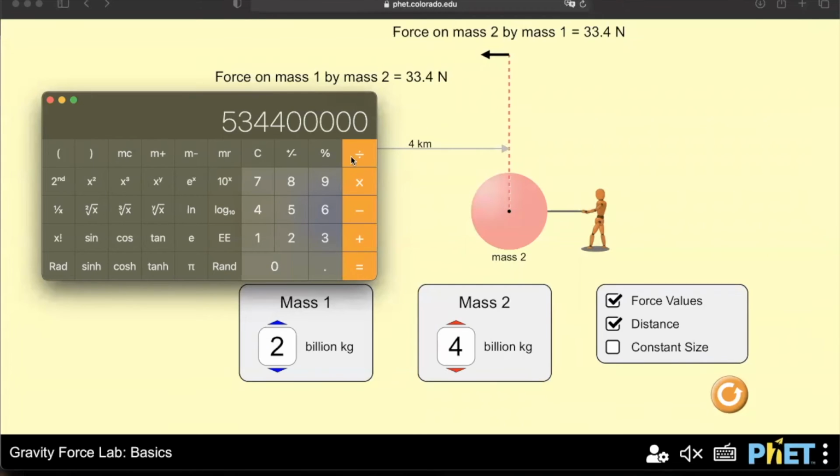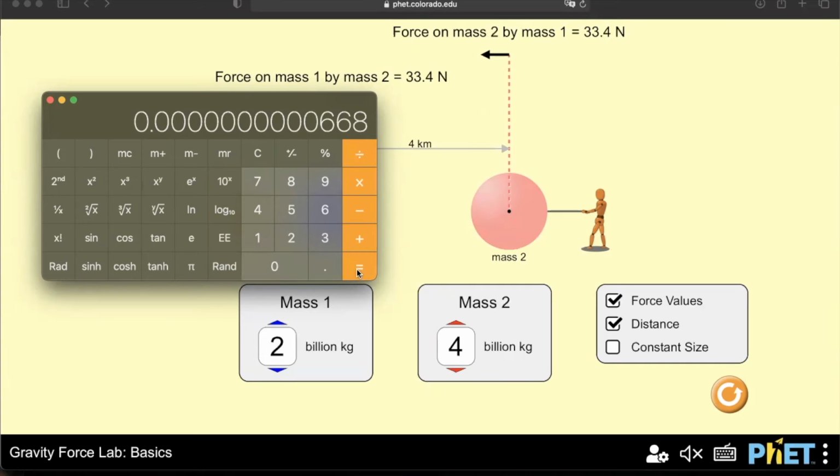So now we divide by mass 1, and we're just going to ignore the billion for now. So divide by 2, and then divide by mass 2. Once again, we're ignoring the billion. All right, and since we ignored the billions, we now have to divide by 10 to the power of 18. So this is our value for G.